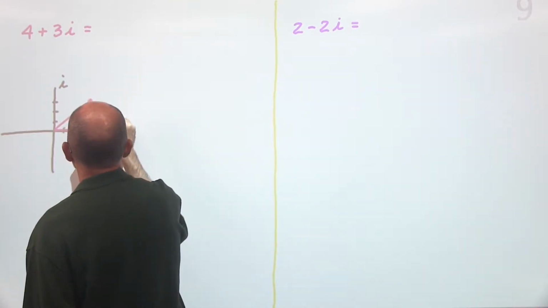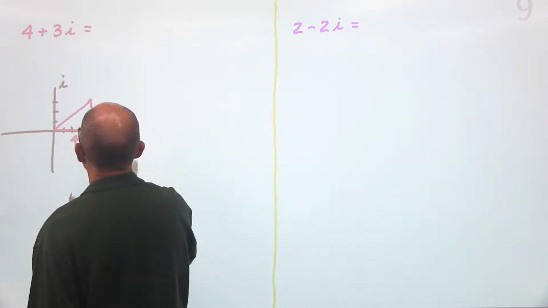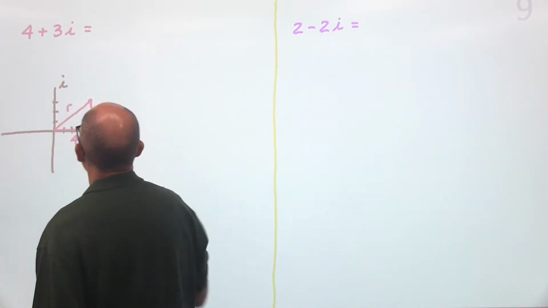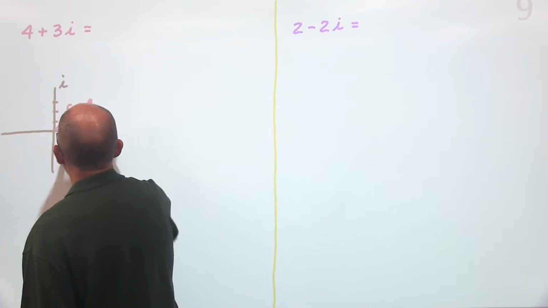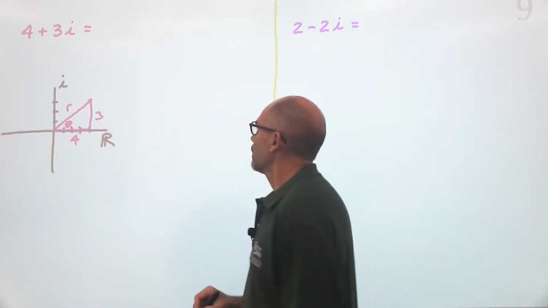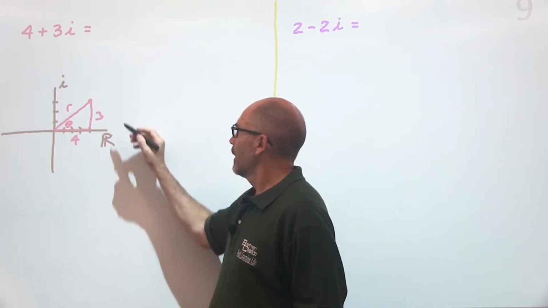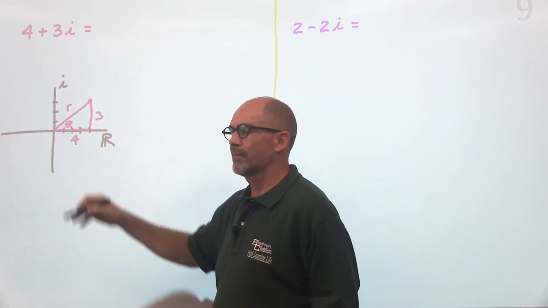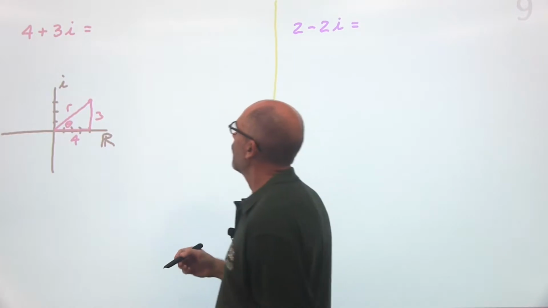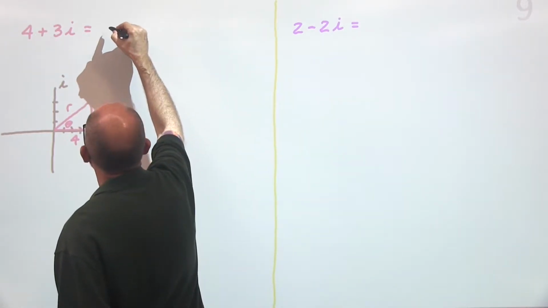So 4 plus 3i, and here's my r, and here's my theta, of course. So, Pythagorean theorem, 3 squared plus 4 squared equals 5 squared. So that means r is 5.